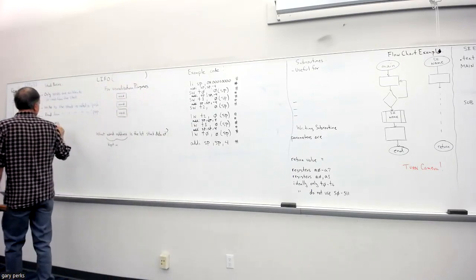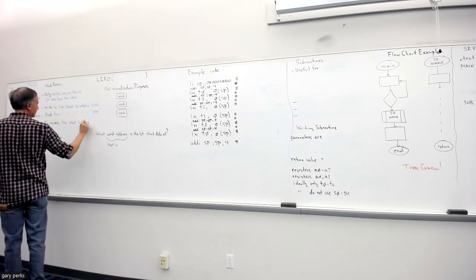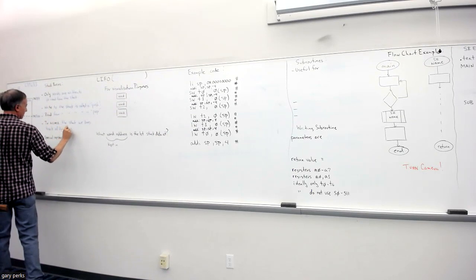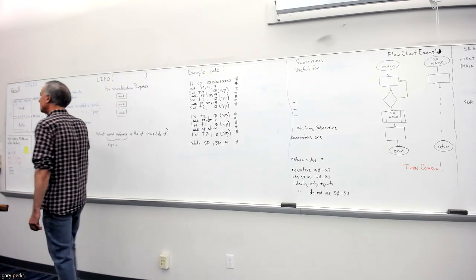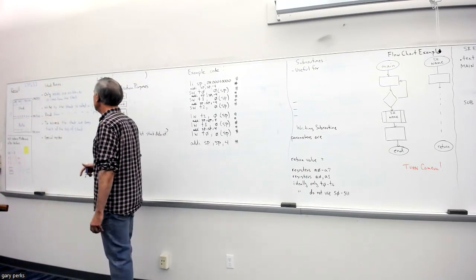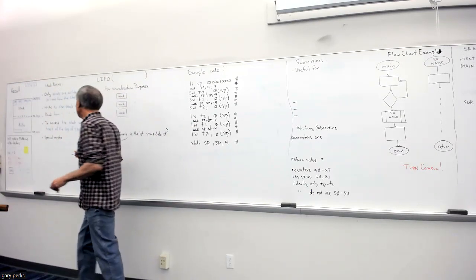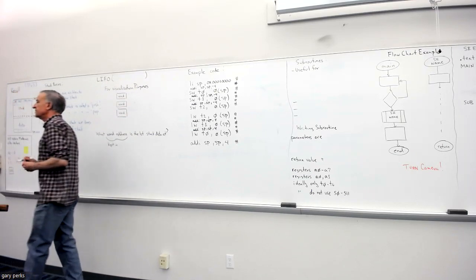Now to access the stack, we keep track of the top of the stack. And I'll explain and show what we mean by the top. The way that we keep track of the top of the stack is with a special register, SP.